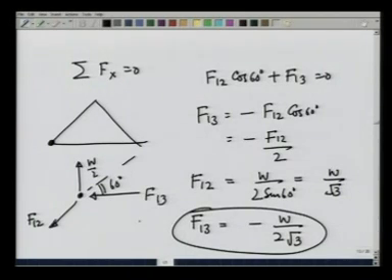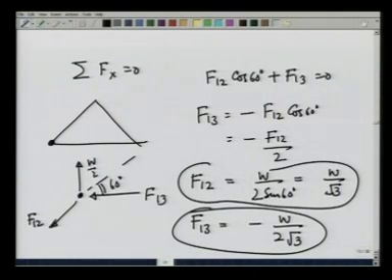on member 1 3, I have found the force on member 1 2. To find the force on the third member, that is F 2 3, I have a choice. Either I can go to this point or this point and consider the equilibrium conditions there.